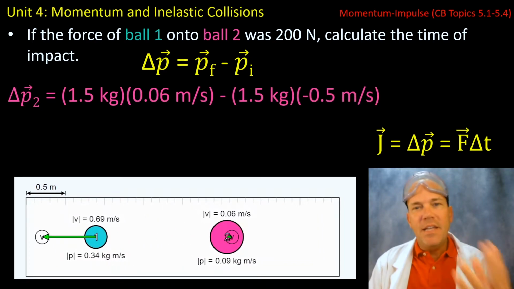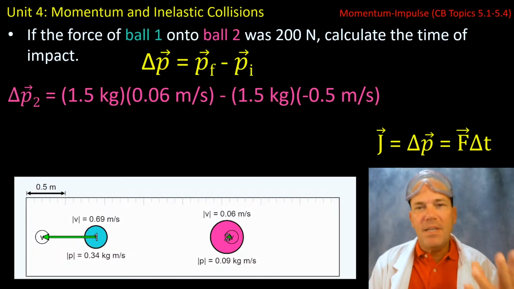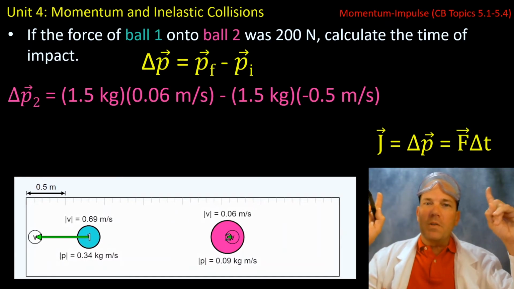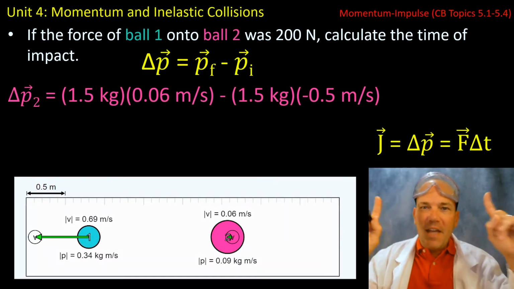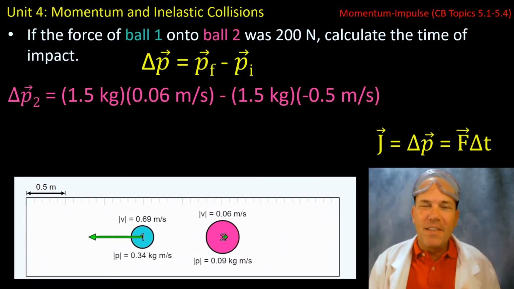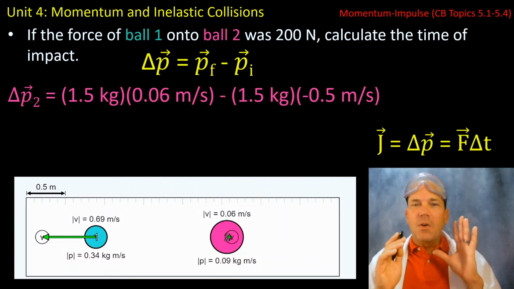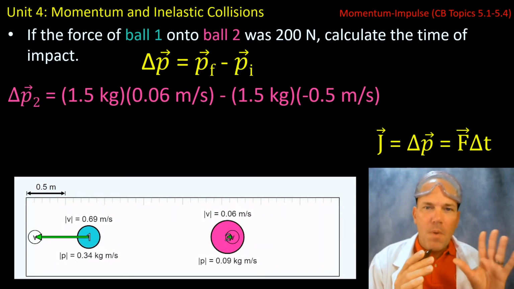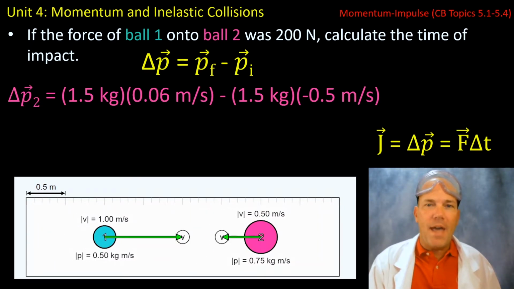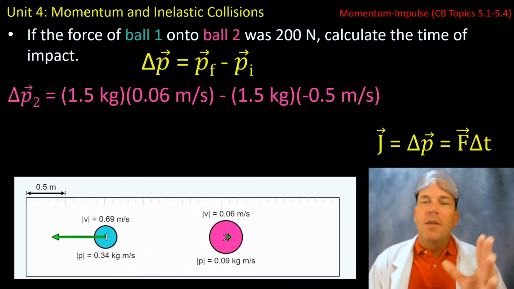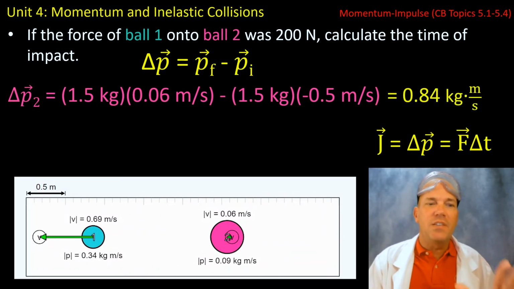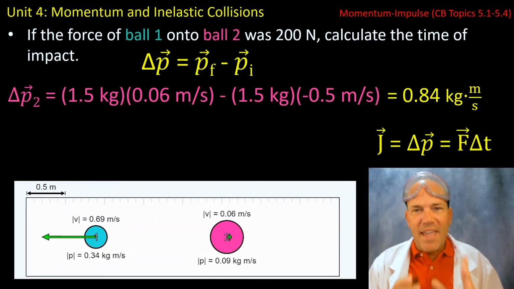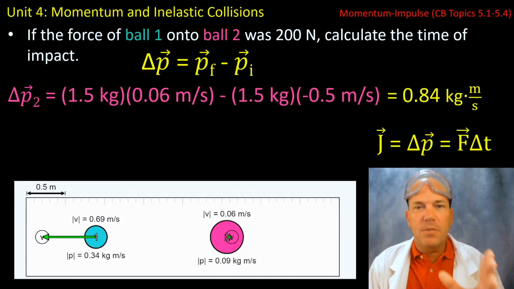In other words, let's calculate the impulse, because if we can calculate the impulse, then we can set that equal to the force multiplied by the duration of time that force was applied. That will enable us to solve for time. So looking at the magenta colored ball and taking its final momentum and subtracting from that its initial momentum, we can find that the impulse exerted onto the magenta colored ball is 0.84 kilograms times meters per second.